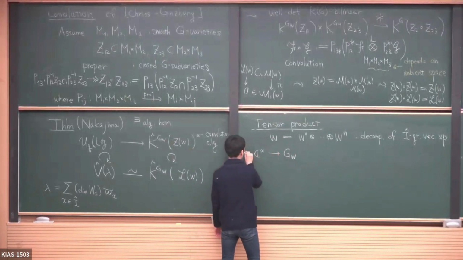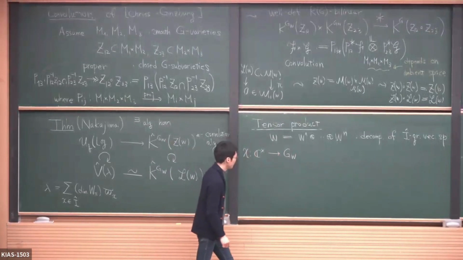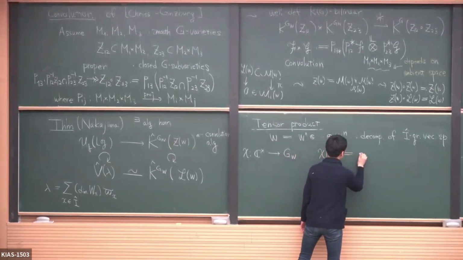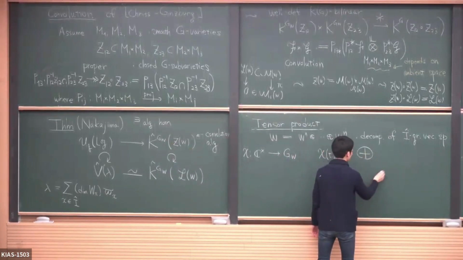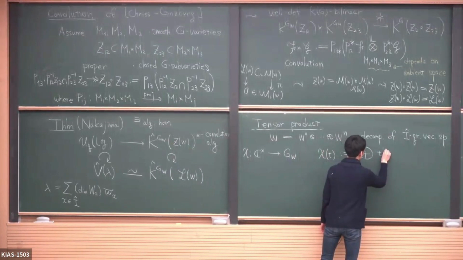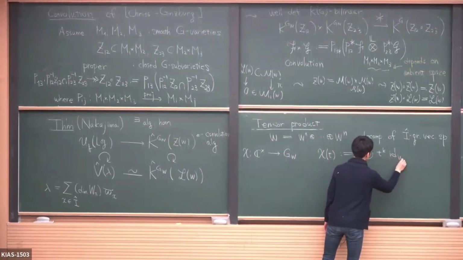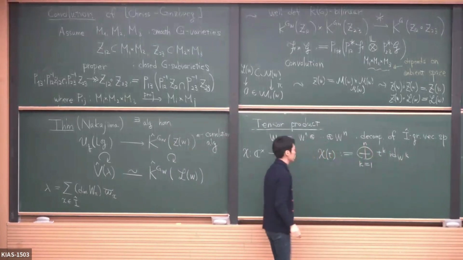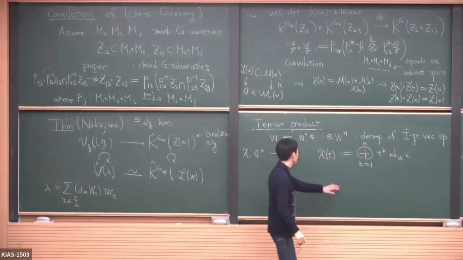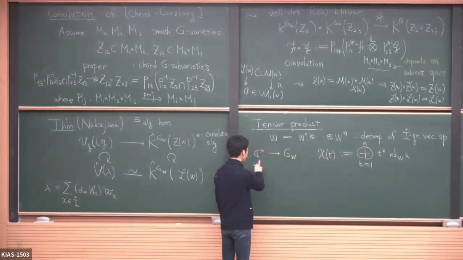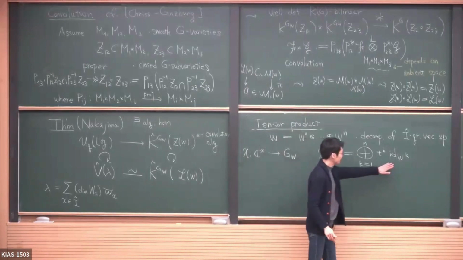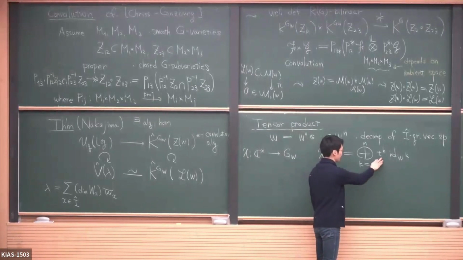I will denote this by chi. And chi of t is defined by this formula. So t, a non-zero scalar t, acts on the k-th factor by the k-th power of t.